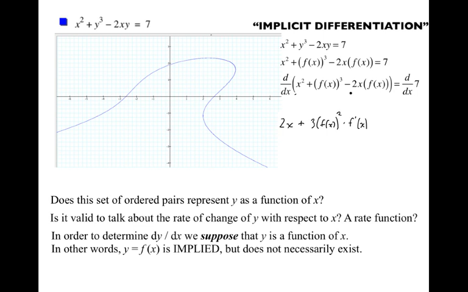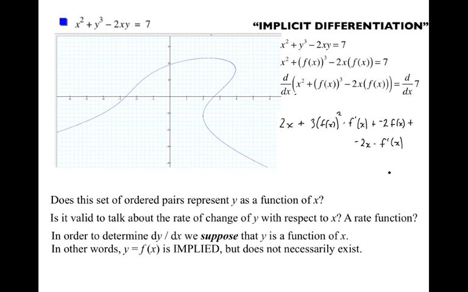Anytime you come to a product in calculus and you're taking the derivative, it will always be the product rule. So here we go, minus 2x times f of x. The derivative of the first times the second, plus the first times the derivative of the second.